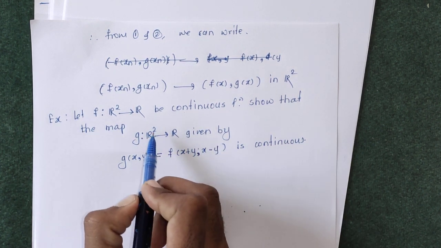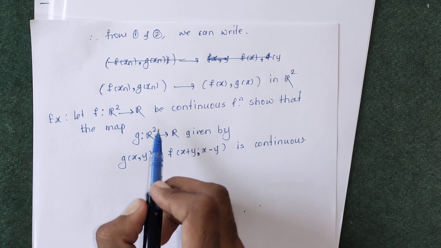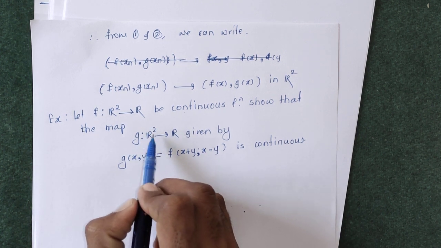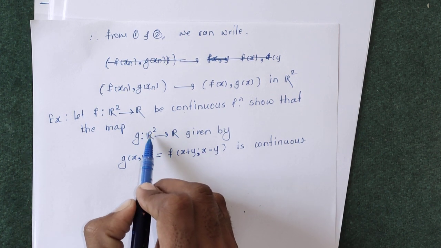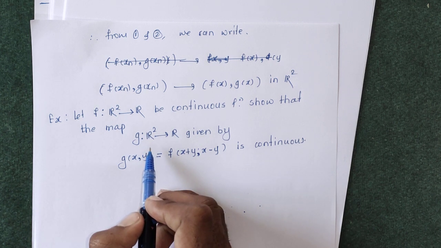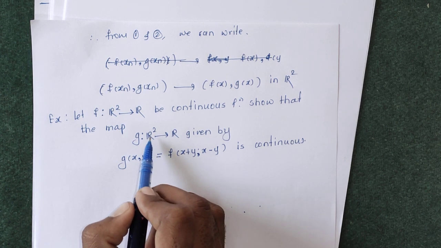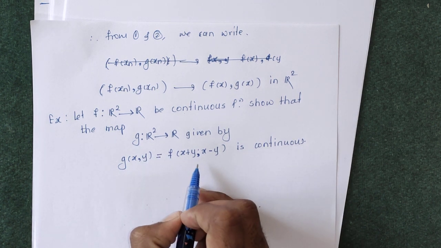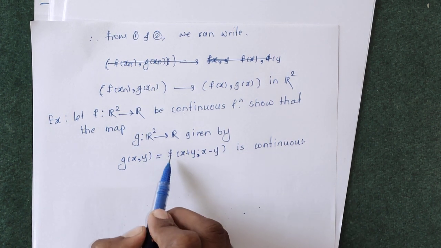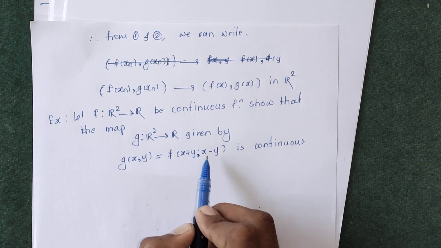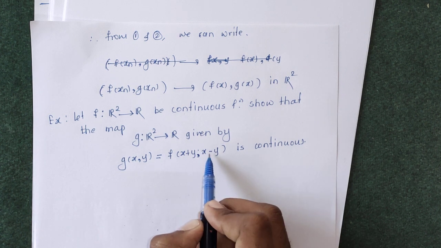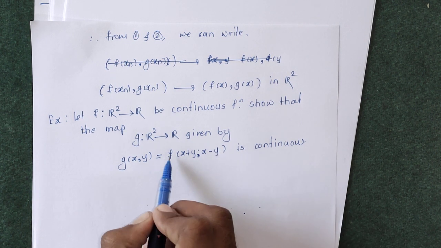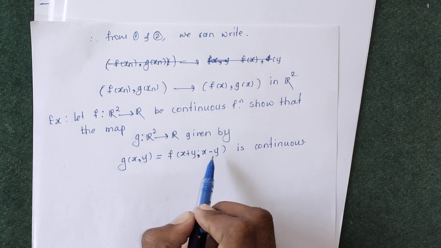A sequence in R square must be of the form of ordered pairs, that is, suppose (xn, yn) is a sequence in R square such that (xn, yn) converges to some (x, y). Then we have to prove that the image of (xn, yn) under g, that is g of (xn, yn), converges to g of (x, y). That is, we have to prove that f of (xn plus yn, xn minus yn) converges to f of (x plus y, x minus y).